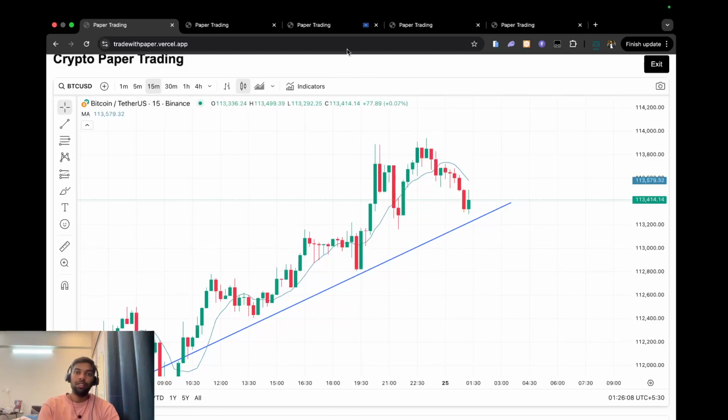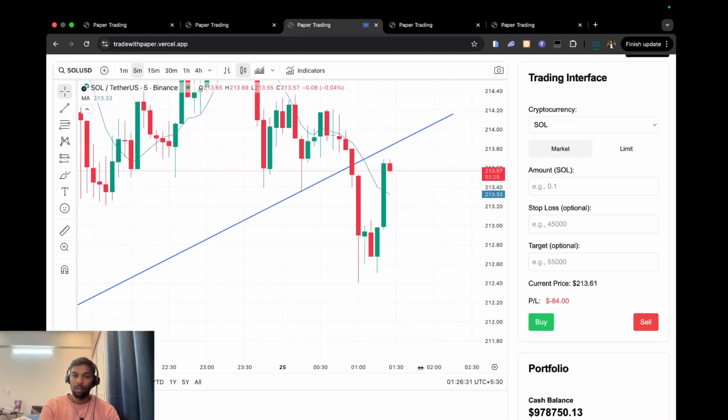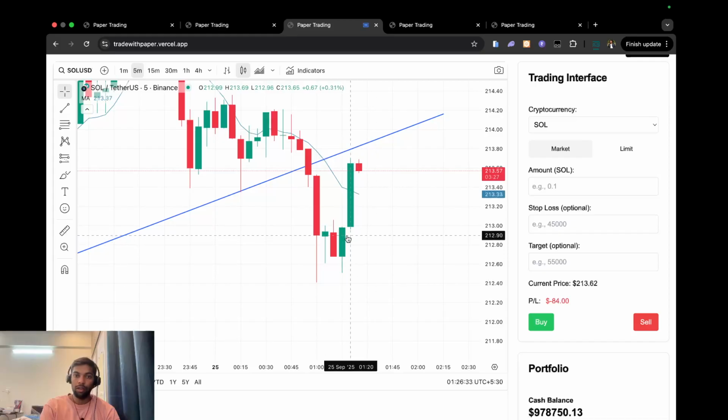What I'm thinking right now is that as soon as we entered on seeing this red candle, and this green candle just popped up, we should have squared off our position at this point, because this is a pure full green candle, and it is indicating that you are wrong.